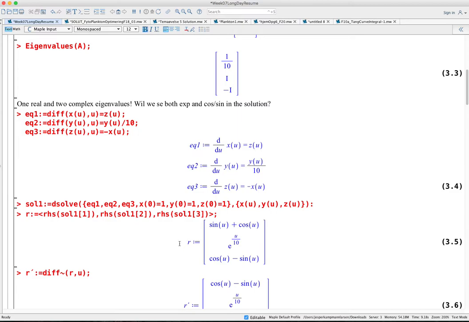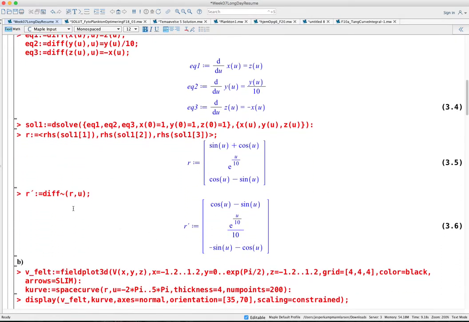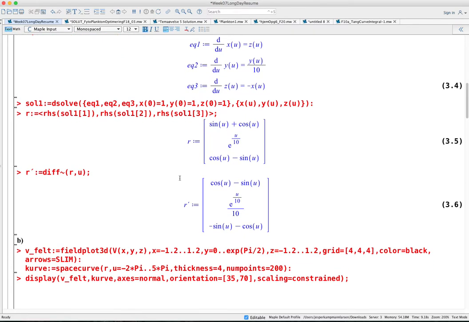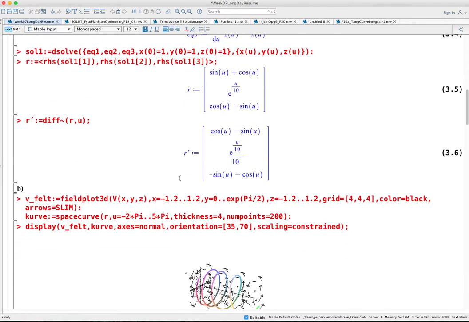When I write this down, I get this parametric representation of the solution. Also, I can find the derivative or the tangent vector to my flow curve like this. But this is a specific flow curve that passes through this point here.